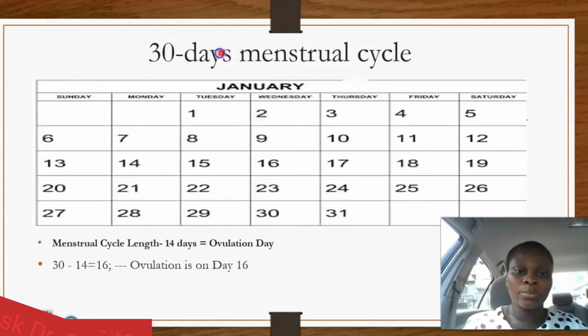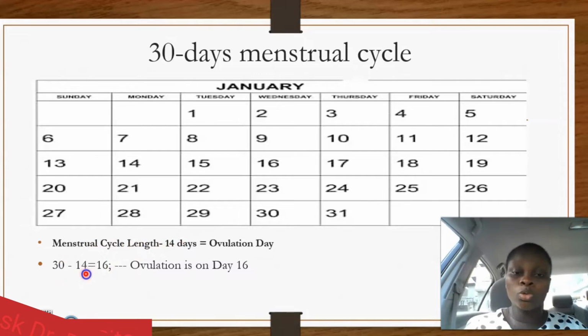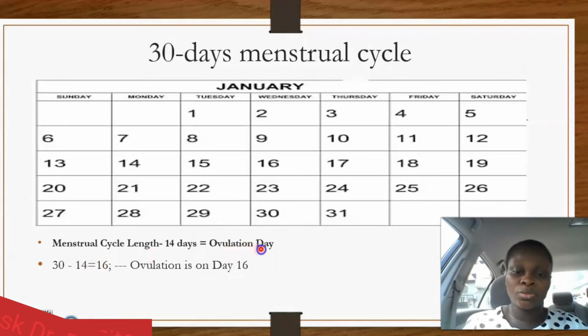For this example, our menstrual cycle length is 30 days, so we put in 30, minus 14 days, which is the luteal phase duration, constant at 14 days, and that gives you your ovulation day, meaning for a 30-day menstrual cycle, your ovulation is on day 16.